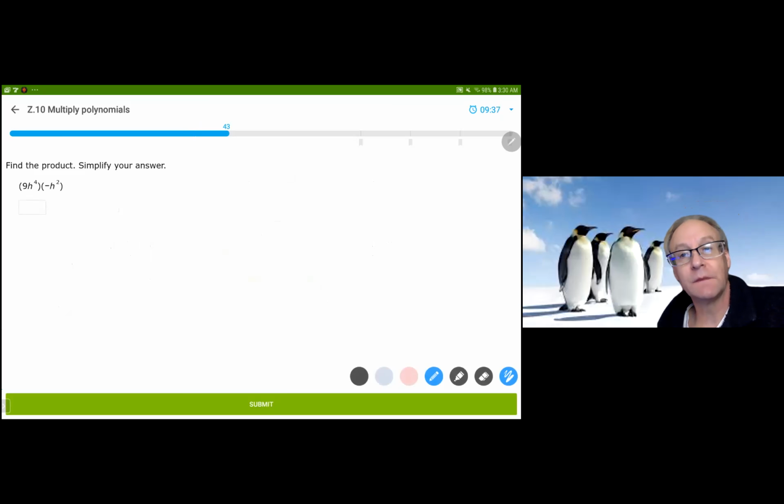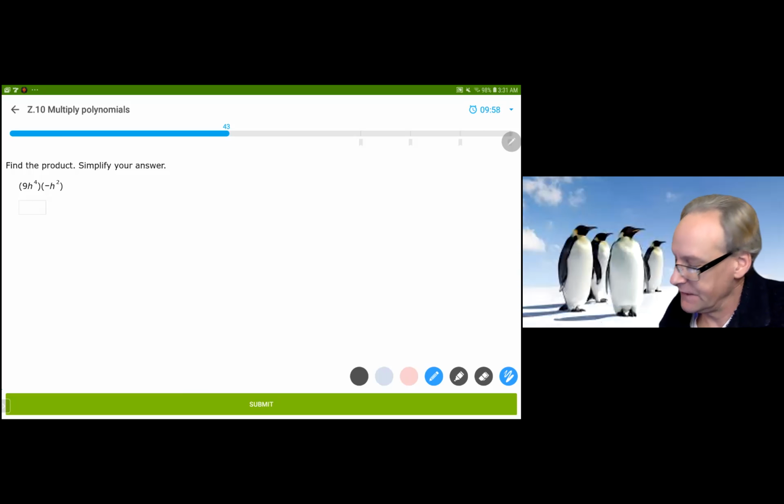Okay, this is a monomial times a monomial, and it is really easy to make a mistake on this. Now, if you haven't done the sections on exponents like I haven't, you want to know why you're adding exponents. Don't be happy with just memorizing that you're adding exponents.